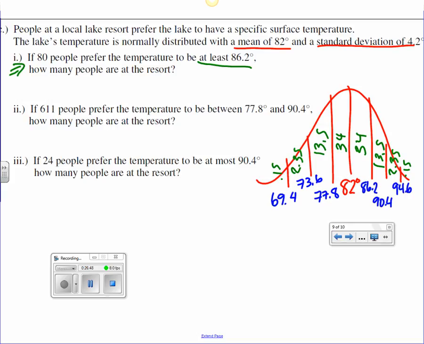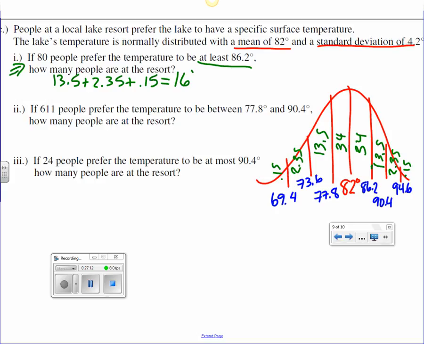That or more. So we go to 86.2. And we need more than that. So the first thing I'm going to do is add 13.5, 2.35, and 0.15, like we always do. 13.5 plus 2.35 plus 0.15. Okay? That's 16 what? Percent.